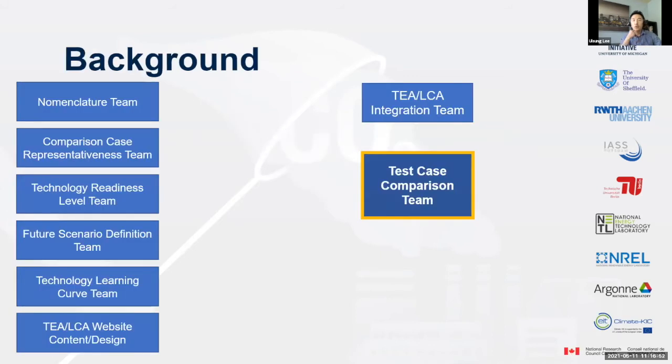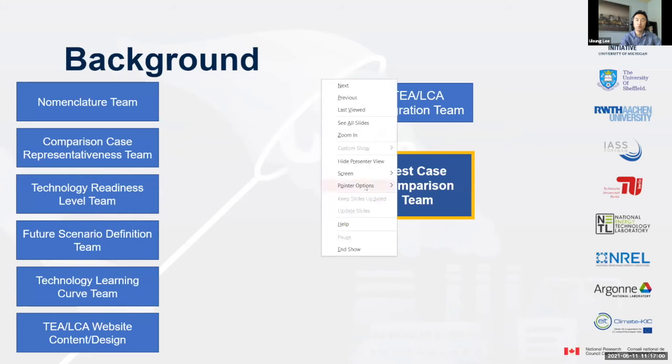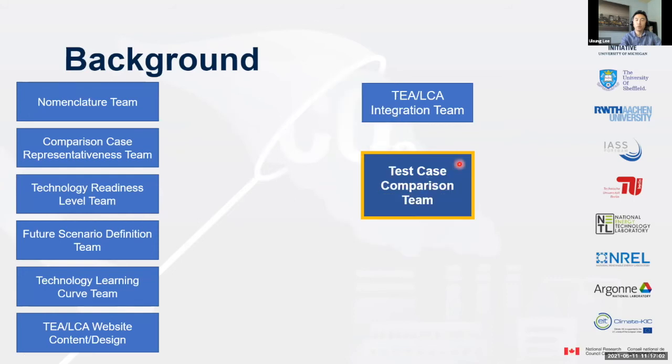To give you the context of this team, we are called the test case comparison team. I'm speaking on behalf of this test case comparison team. As you may see, there are many institutions and many team members in the different teams.